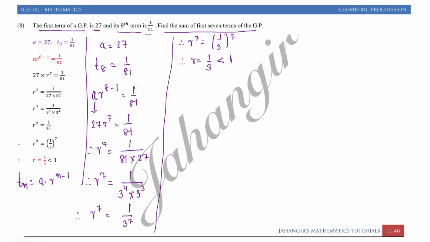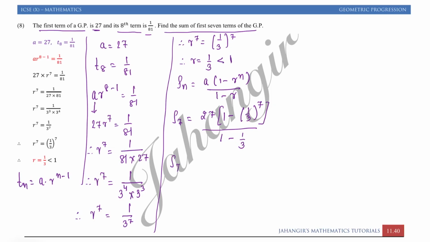So when R is less than 1, we can take Sn is equal to A into 1 minus R raised to n upon 1 minus R. We want S7, so we can write S7 is equal to A, that is 27, into 1 minus R raised to 7, that is 1 by 3 raised to 7, whole upon 1 minus 1 by 3.